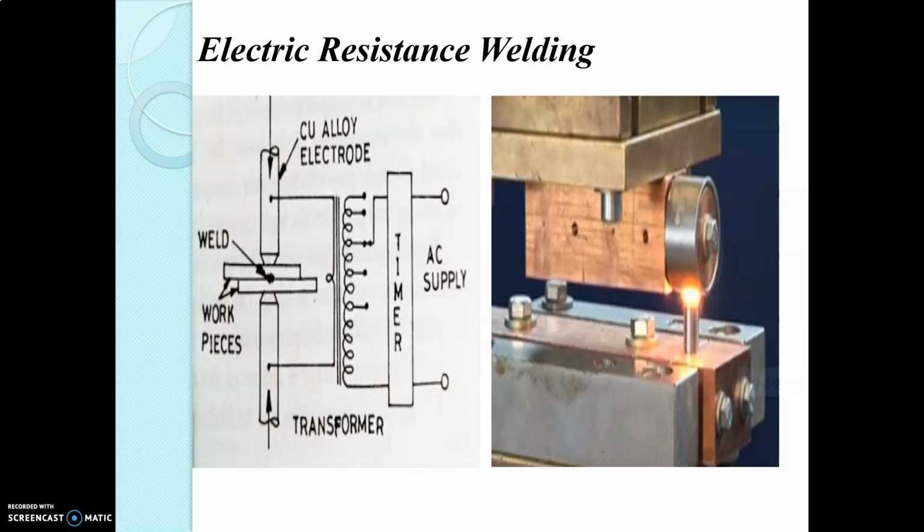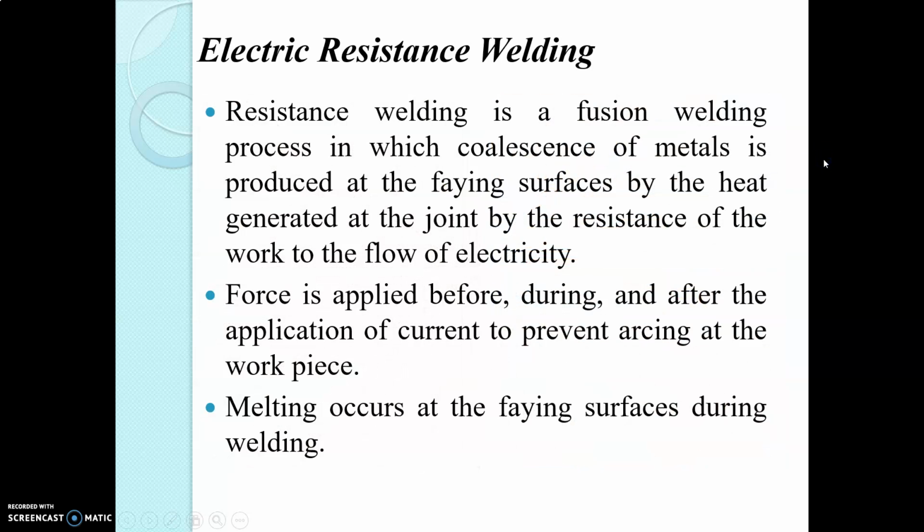Then electric resistance welding also has some advantages as compared to the other processes. The advantages of this process are: it is very suitable for mass production, it is economic in operation because nothing is consumed except the electrical power, the welds are made very quickly, skilled operators are not required, and it is possible to weld dissimilar metals also.